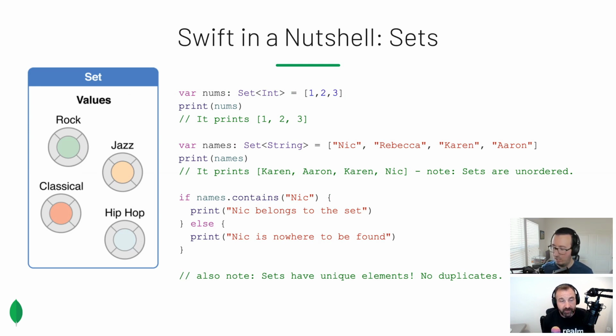So if I were to iterate over a set in Swift and print out the names, I might get an unordered list. So that's good to keep in mind. There are also methods on this set, like contains, for example. I can check if Nick is a part of the set.